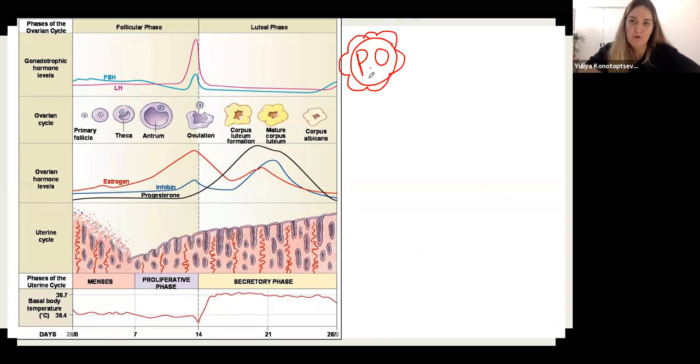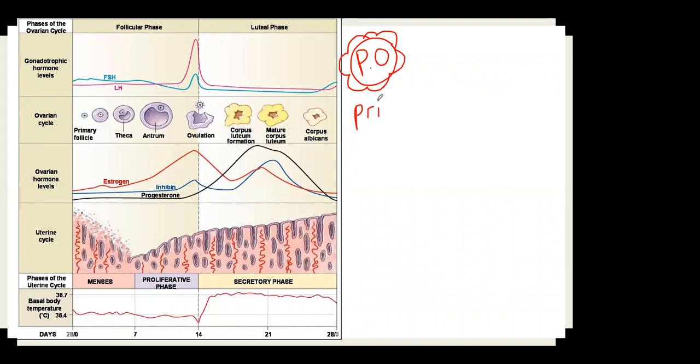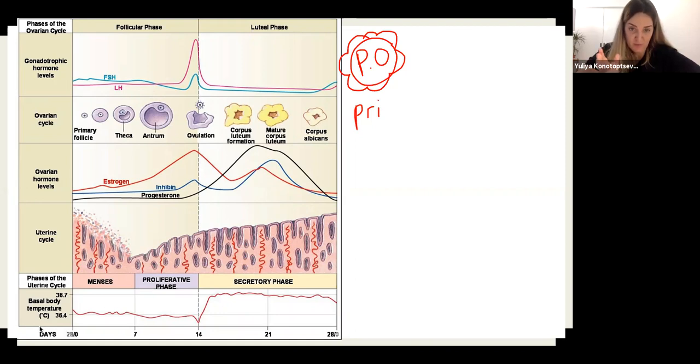How many primordial follicles do you choose every month? 15 to 20. Out of 40,000, as you remember, starting from puberty. What makes them grow? FSH. They have a receptor right here for FSH. FSH binds to this follicle, forces this primordial to become primary.